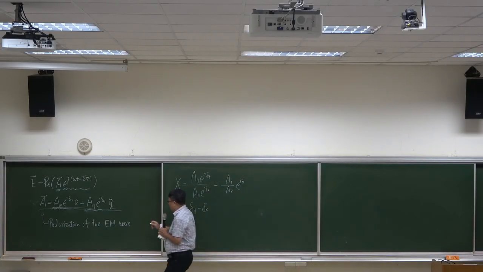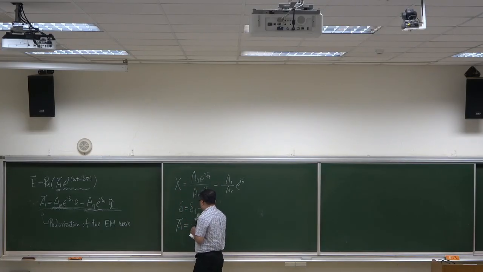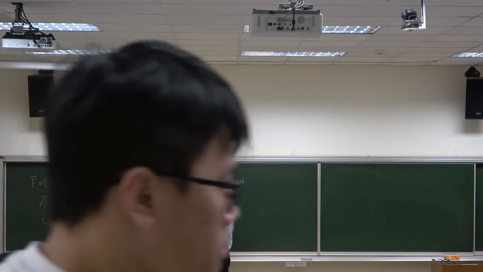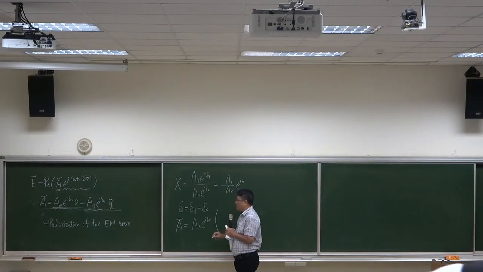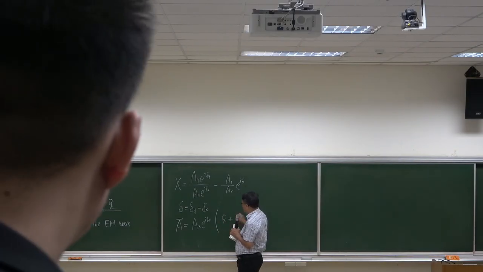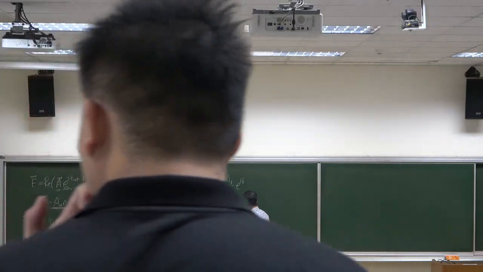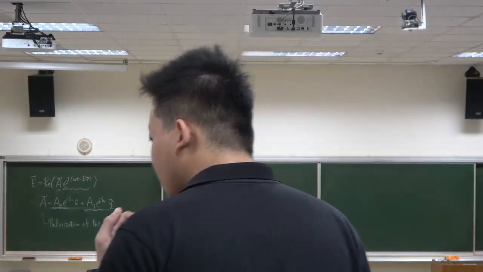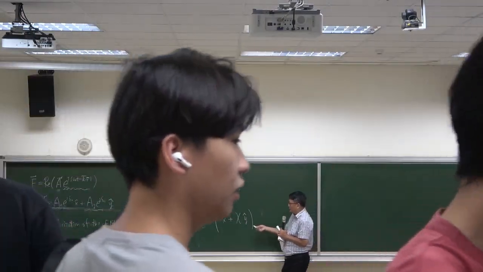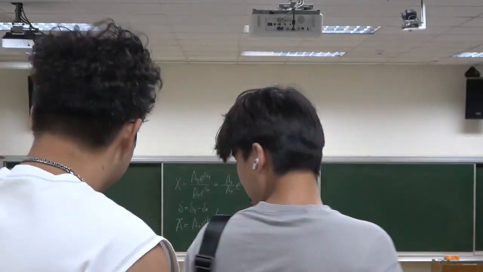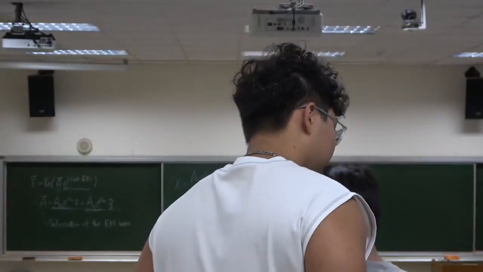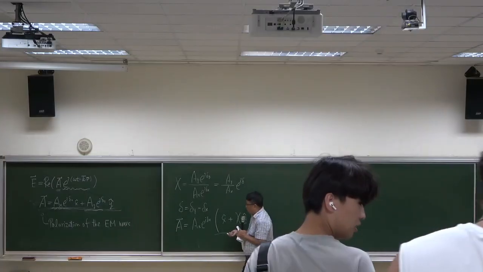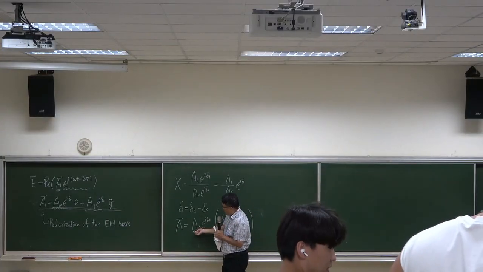We can write A as A_x exponential i delta_x times (x plus chi y). So once we know chi, we can write down this vector. However, we don't know this part.